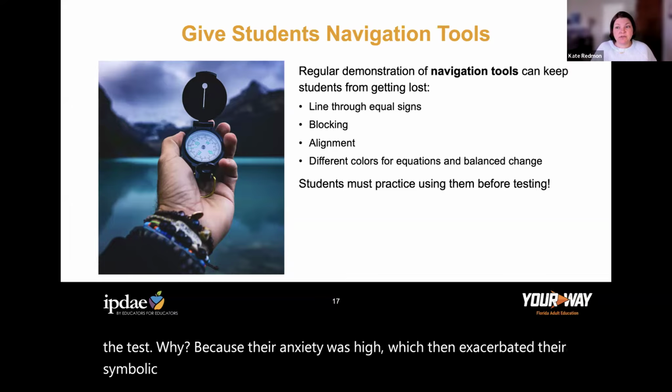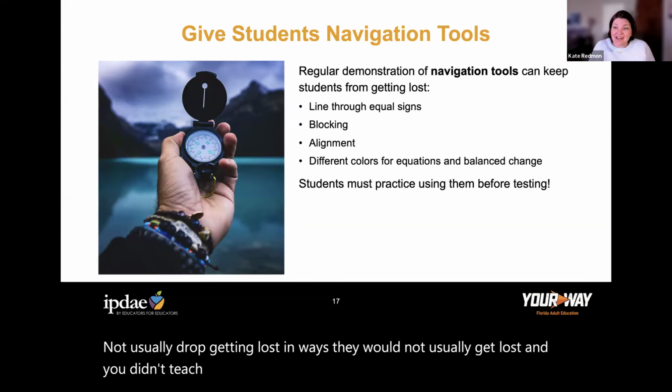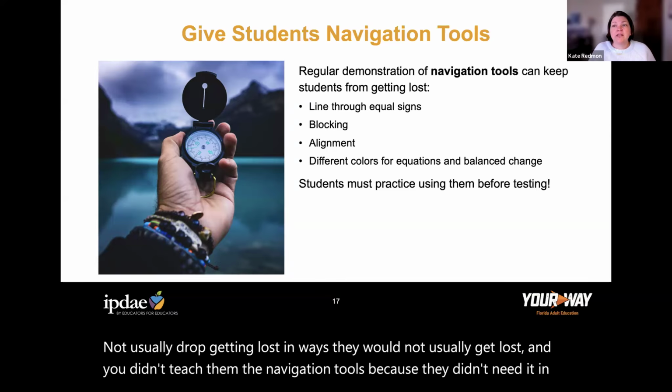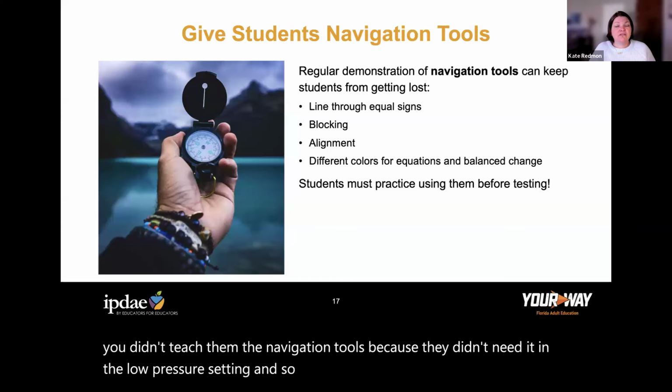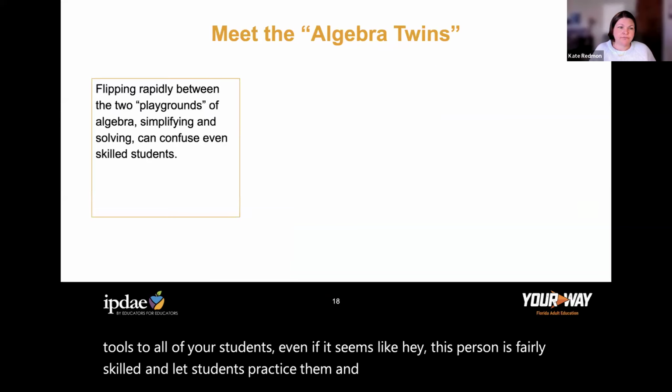They started dropping symbols they would not usually drop, getting lost in ways they would not usually get lost, and you didn't teach them the navigation tools because they didn't need it in the low pressure setting. And so I would encourage that you give these tools to all of your students, even if it seems like, hey, this person is fairly skilled, and let students practice them and adopt them before testing.